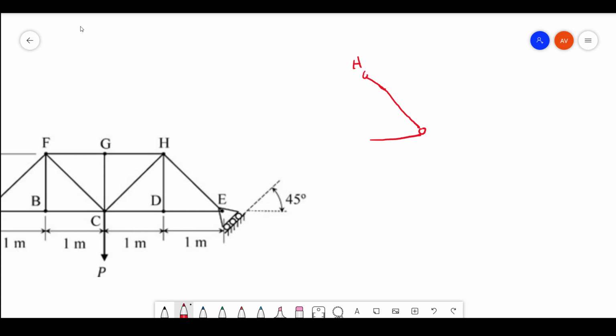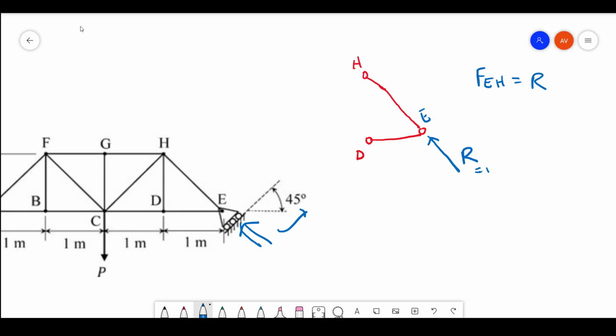Here you have H, here you have D. Now you're going to have a reaction force here, R. Your force EH is going to directly support this reaction force.